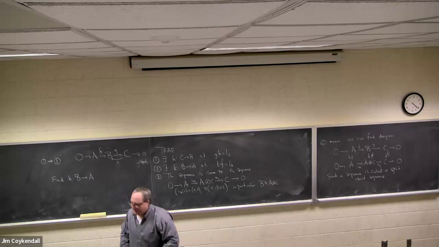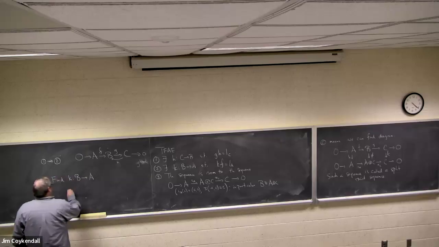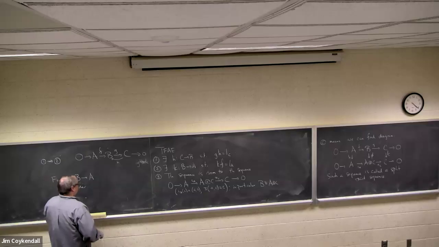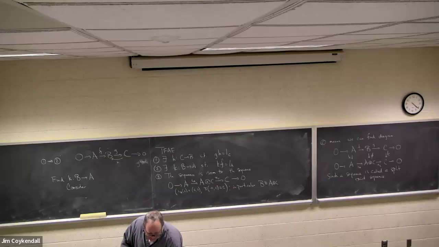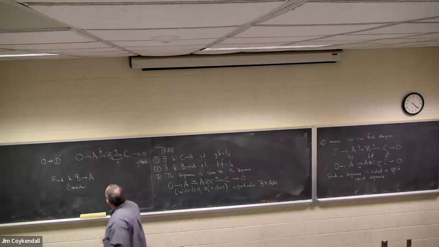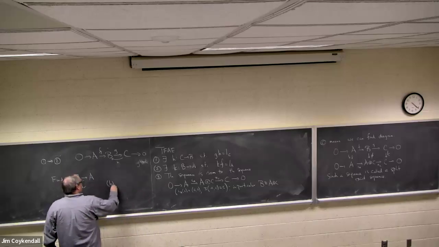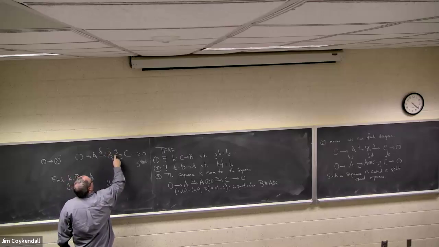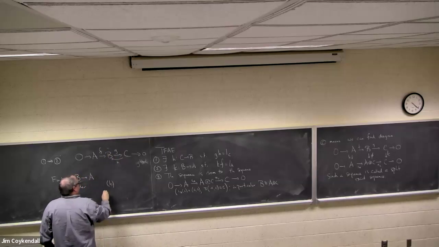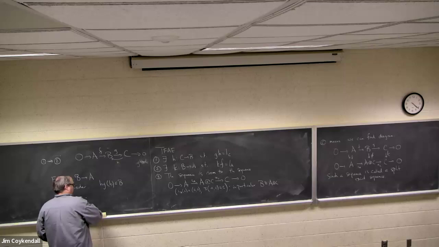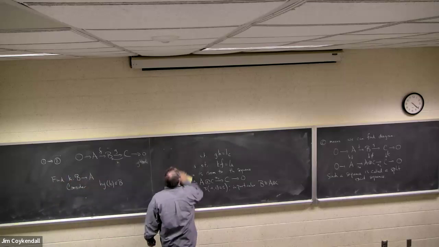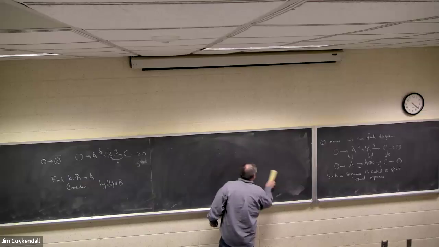So consider H of G of B. Take B and run it through the washing machine: apply G to it and then bring it back with H. How does that help?